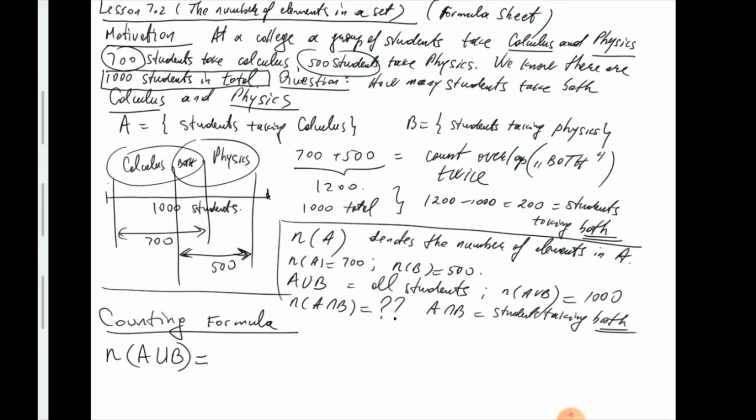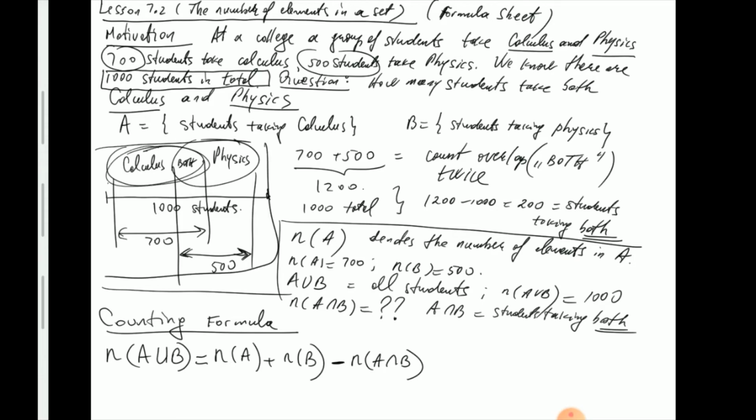The number of elements in the union is the number of elements in A plus the number of elements in B minus, because you count it twice, the number of elements in the intersection. Once again, go back to the diagram here. If I add the number of elements in A and the number of elements in B, I count the overlap twice. So I have to subtract it once so that you end up with the number of elements in the union.